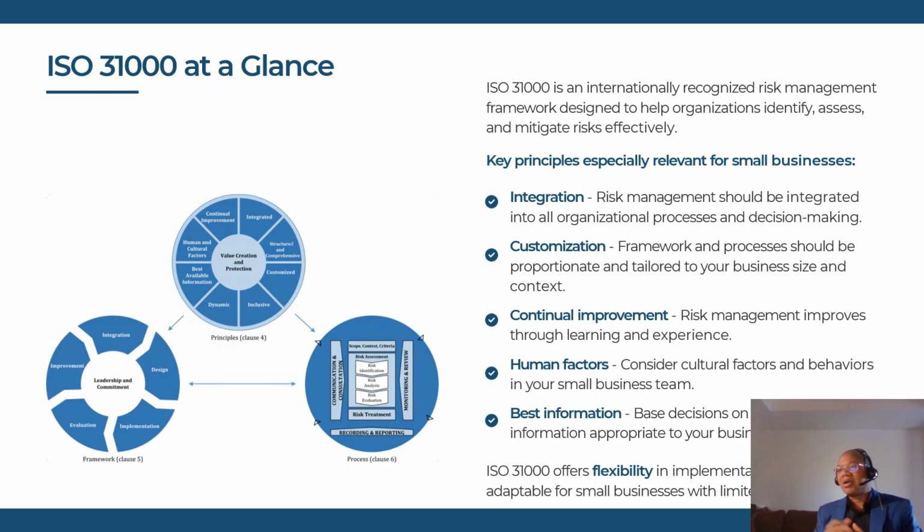Again, if we look at clause number 6, to ensure that there is a step-by-step guide on how to manage risk, ISO 31000 proposes the risk management process that you can see on the right-hand side of the diagram. Starting from, first and foremost, establishing the context of the risk and setting the scope of the risk. Then we identify the risk.